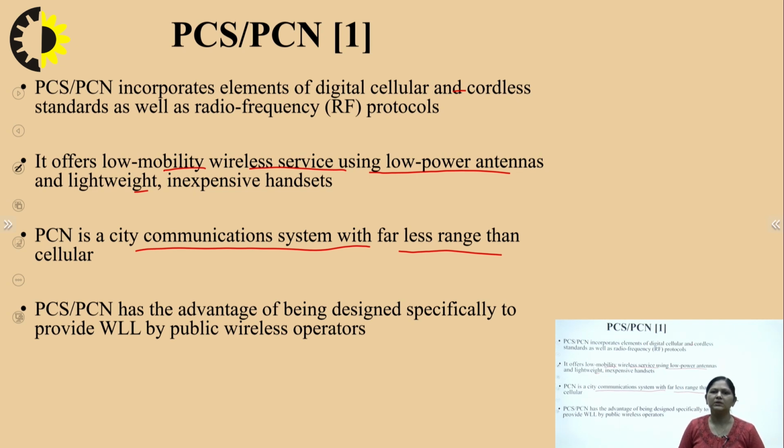So the technologies that are used for small areas, here we will be talking about wireless local loop. PCN is a city communication system with far less range than cellular. Cellular can cover a huge area. PCS has the advantage of being designed specifically to provide WLL by public wireless operators.